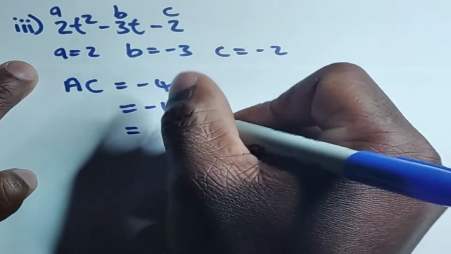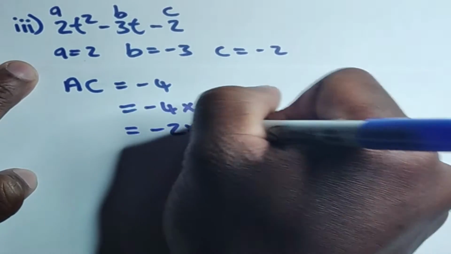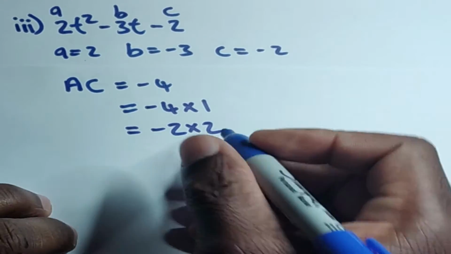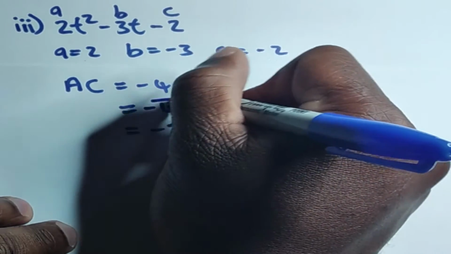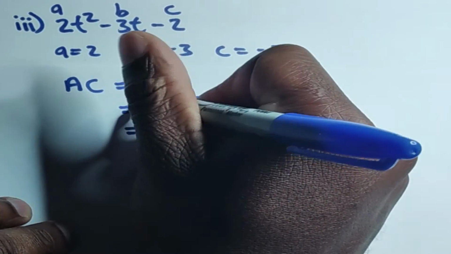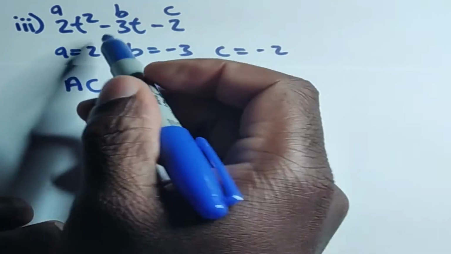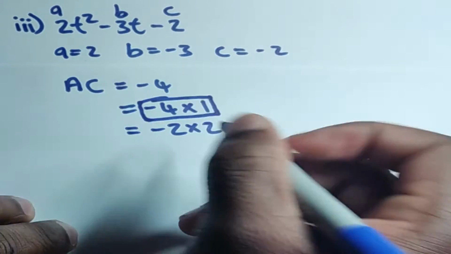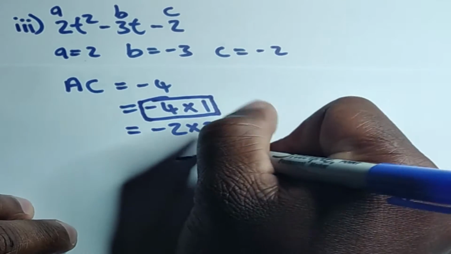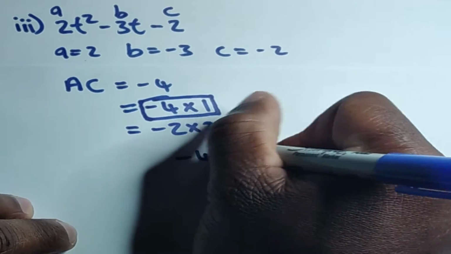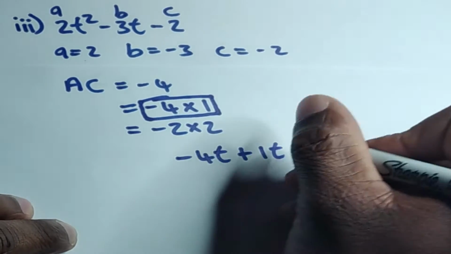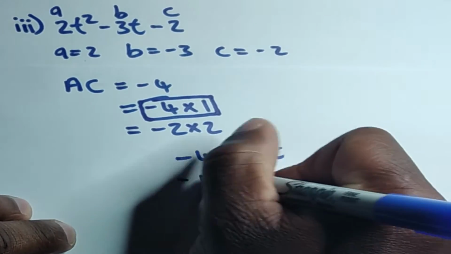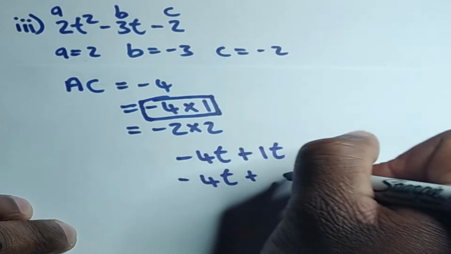We can also get negative 4 by multiplying negative 2 times 2. Alright, and of course, if we add negative 4 and 1, we can obtain negative 3. Alright, so we can expand this negative 3t by simply rewriting it as negative 4t plus 1t. Alright, which is the same thing as saying negative 4t plus t.